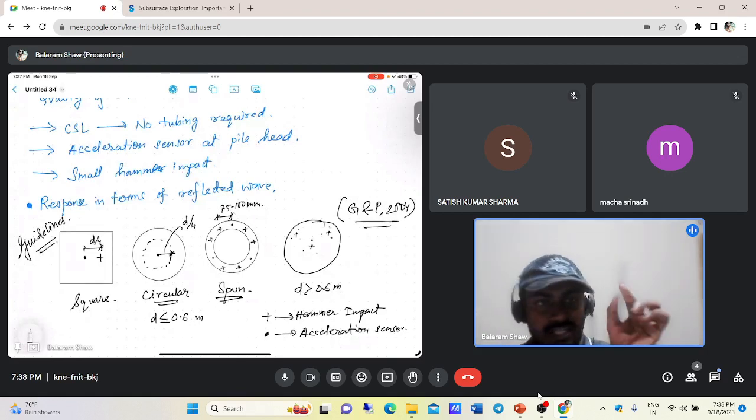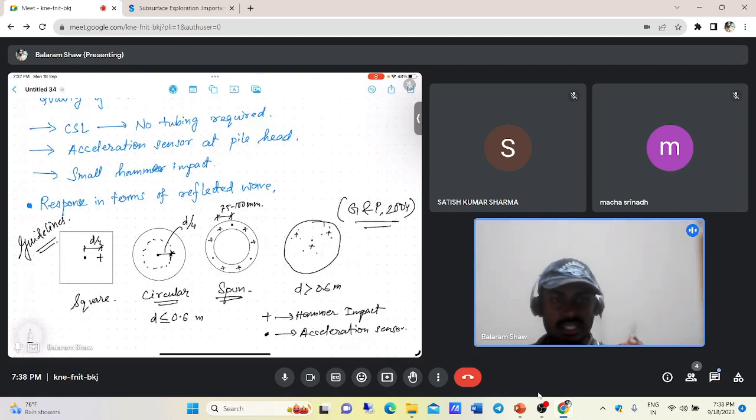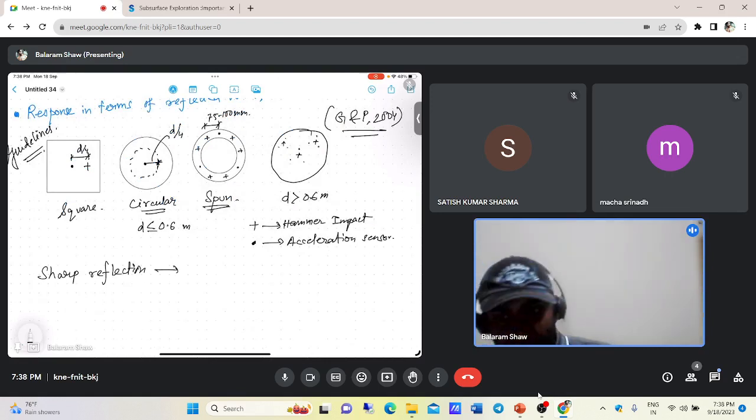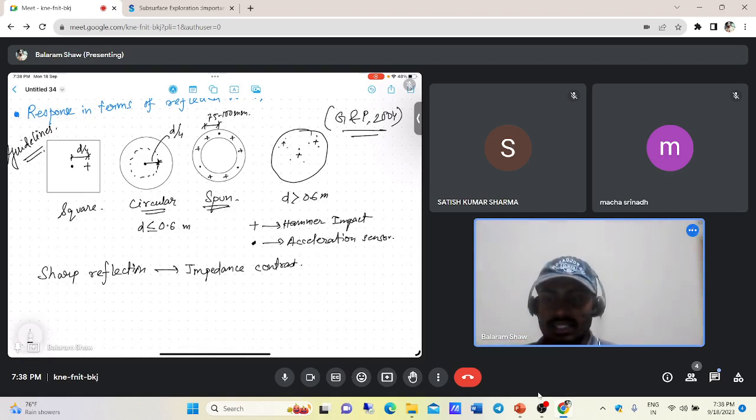If the reflected wave is going like this and we again have some high change, then we can understand the medium characteristics are changing. If there is a sharp reflection, that is an indication that there is some impedance contrast. Impedance contrast means there is a change in material or pile section properties.